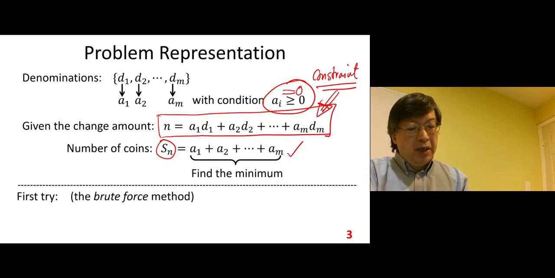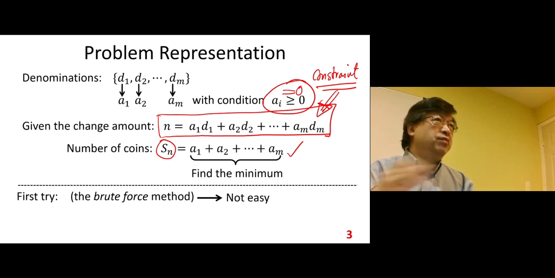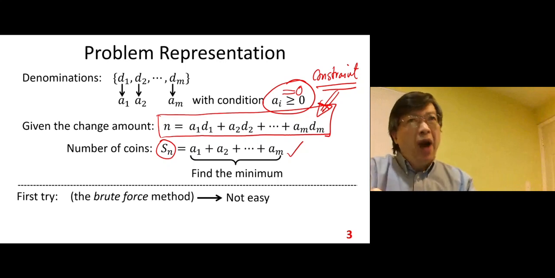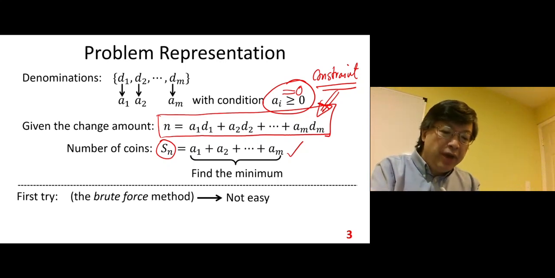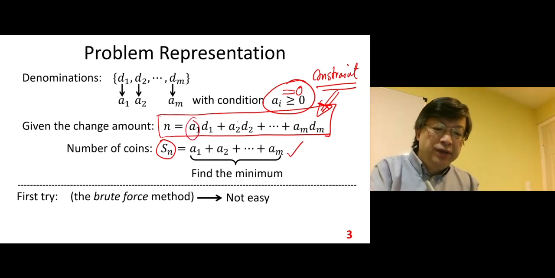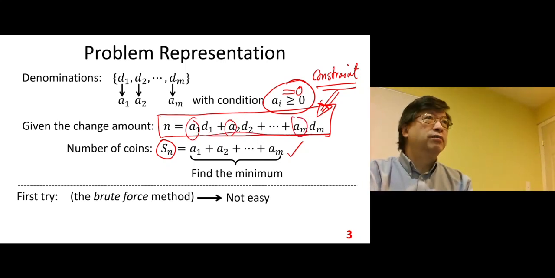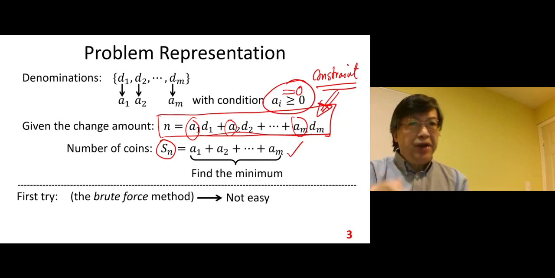But here you can see, even if you try the brute force method, any possible way, it is very hard to describe the number of A1, A2, all these numbers. Even the brute force method is not easy.